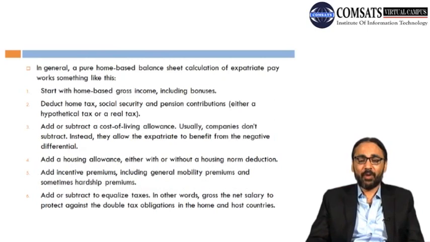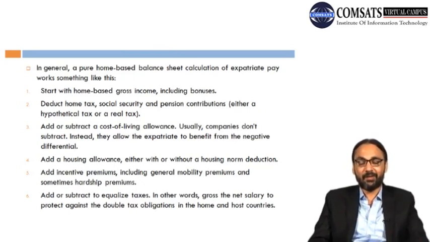In general, a pure home-based balance sheet calculation of the expatriate pay works in this way. Start with home-based gross income including bonuses, deduct home tax, social security and pension contributions, and add or subtract a cost of living allowance. Usually companies do not subtract; instead they allow the expatriate to benefit from the negative differential. Add a housing allowance; they don't cut the amount if there is a difference, rather they leave that amount with the expatriate manager.